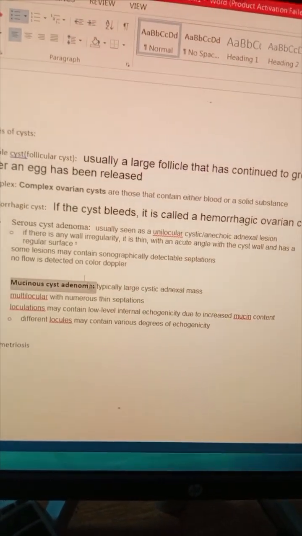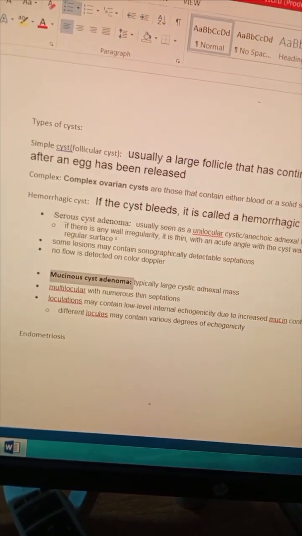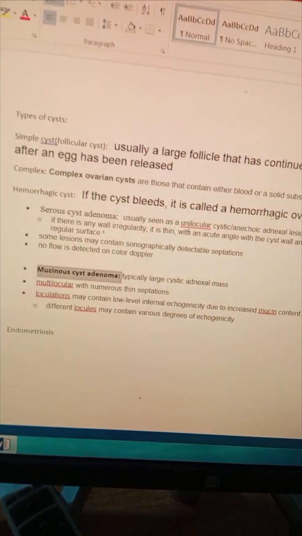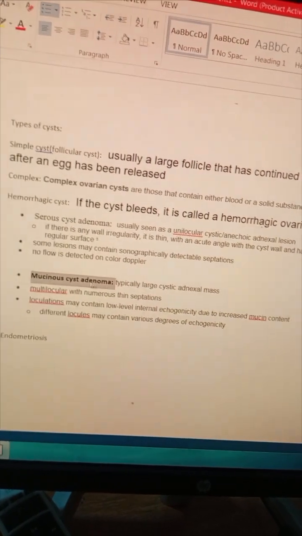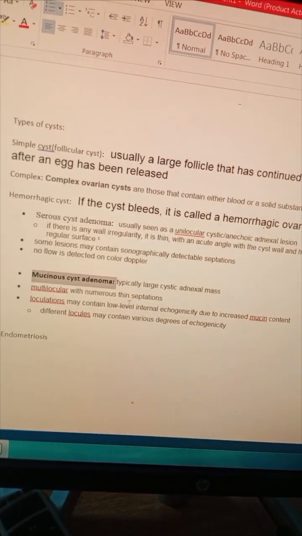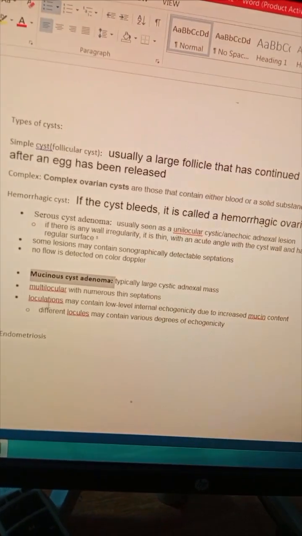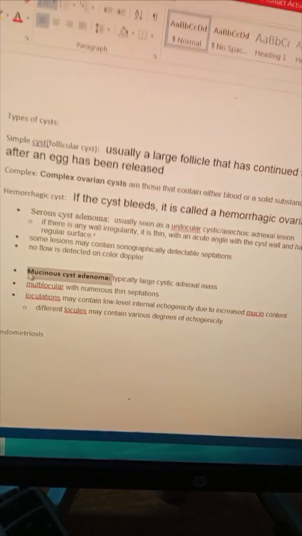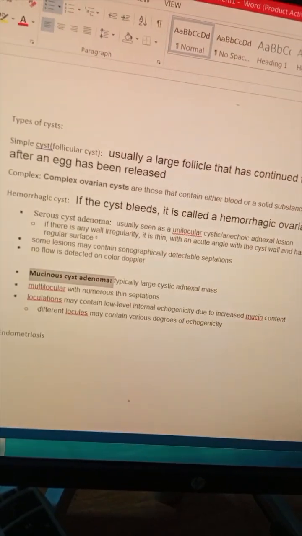What is the difference between mucinous cystadenoma and serous cystadenoma? Serous is unilocular, a simple single cyst, but with an irregular wall, sometimes showing thin septa and no flow on Doppler, while mucinous cystadenoma is multilocular, multicystic, with numerous thin septations and different amounts of echogenicity in different parts of the cyst.